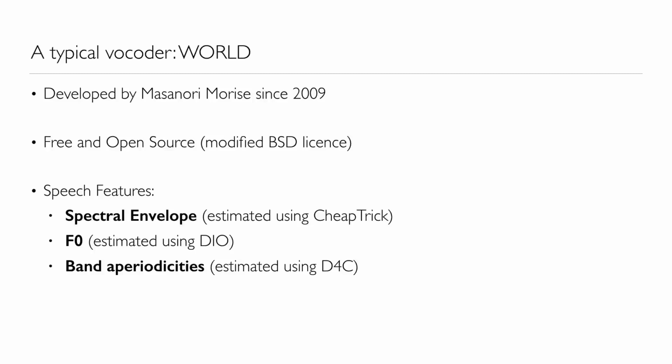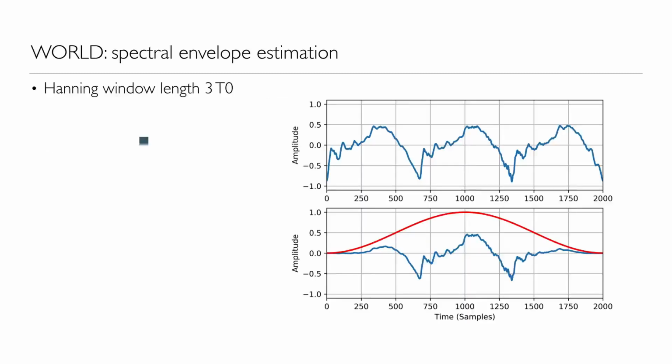So let's talk about how it extracts the first feature, which is the spectral envelope. First of all, it takes the waveform. Let's think about the waveform inside utterances, complete utterances, and this is just split into chunks with the length of 3 pitch periods.